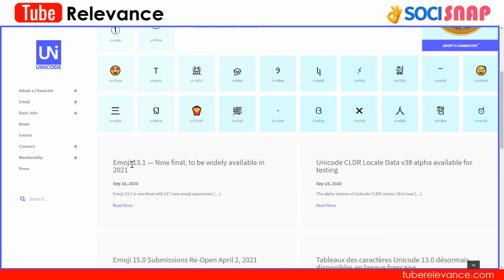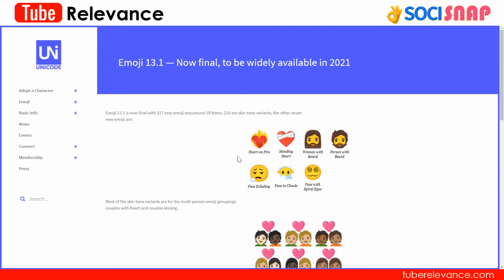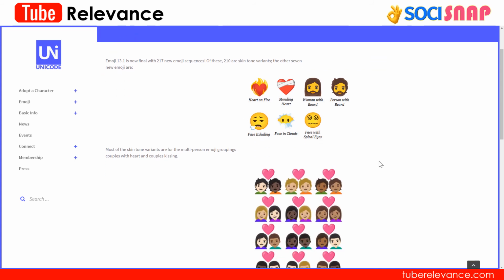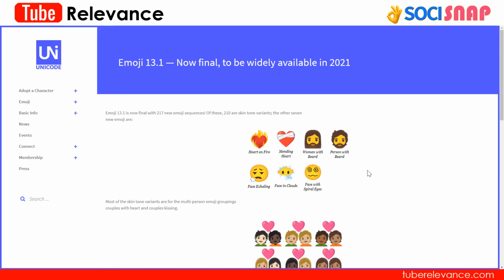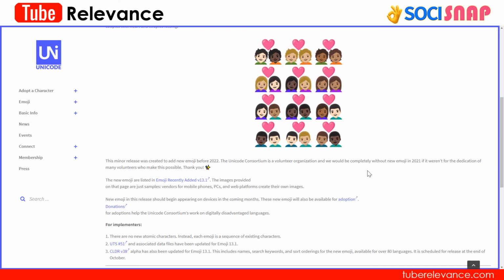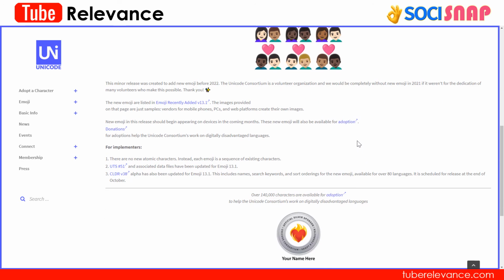You see, Emoji 13.1 is now final, to be widely available in 2021. 217 new emoji sequences are available. Woman with beard, person with beard, face exhaling. Now, you can see what these look like. However, devices don't have the plugins for them yet. Okay?